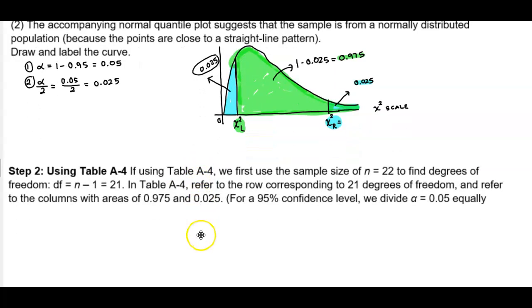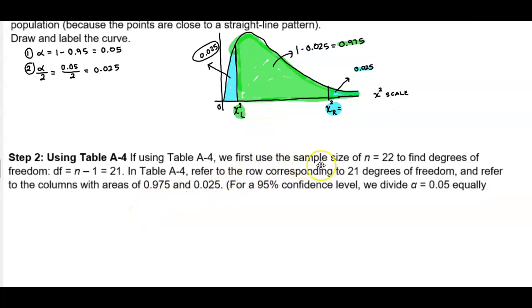If we're using Table A-4, we first use the sample size of n equals 22 to find the degrees of freedom, because there are 22 in our sample, and the degrees of freedom is going to be n minus 1. Well, 22 minus 1 gives us 21. Then in Table A-4, we refer to the row corresponding to 21 degrees of freedom, and then refer to the columns with areas of 0.975 and 0.025.